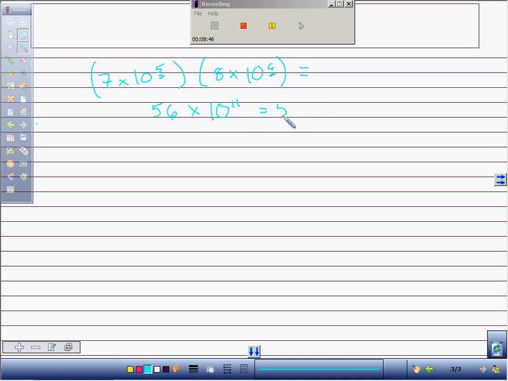So this becomes 5.6 times 10 to the 12. Very good. So if you see one like this, you multiply the numbers in front, then you add the exponents if it's both base 10, but then you have to change it back into scientific notation. So it'll be 5.6 times 10 to the 12.